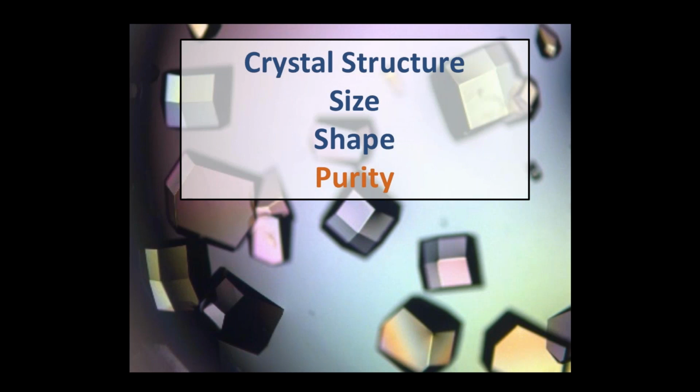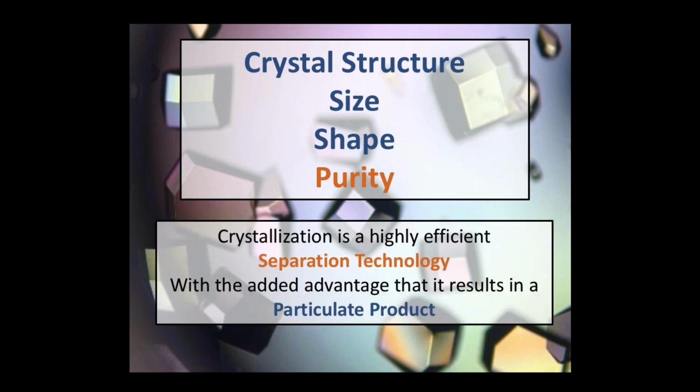It's often forgotten because crystallization is a very efficient separation technology, which usually in just one step arrives at a product purity of 99.9%. So crystallization is a highly efficient separation technology, and it has the added advantage that it results in a particulate product.